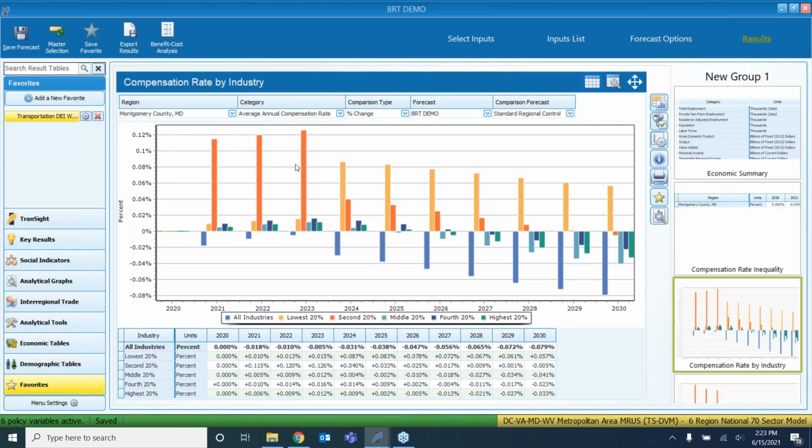Whereas after construction ends, we still see gains for the lowest 20%, for the second 20%, but we see some more marked increases for the lowest 20%, as well as some decreases for the higher income groups.